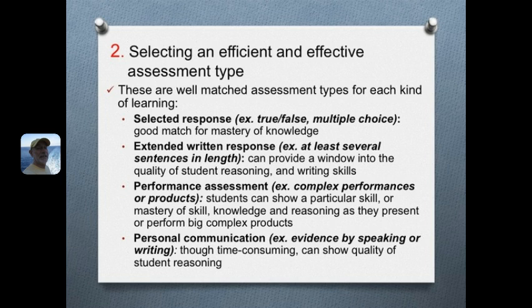Extended written response can provide a window into the quality of student reasoning and also writing skill. Performance assessment, students can show a particular skill or mastery of skill, knowledge and reasoning as they present or perform big complex products. Personal communication, though it's time-consuming, can show quality of student reasoning.